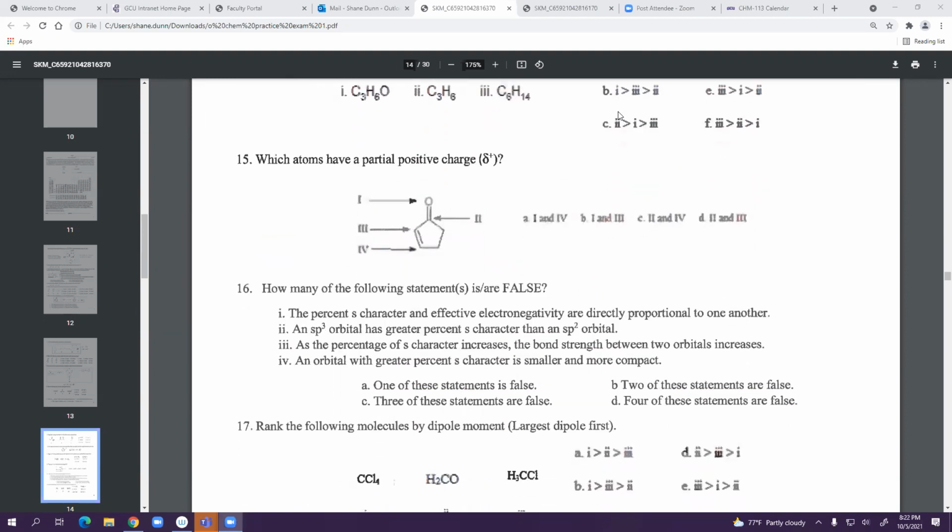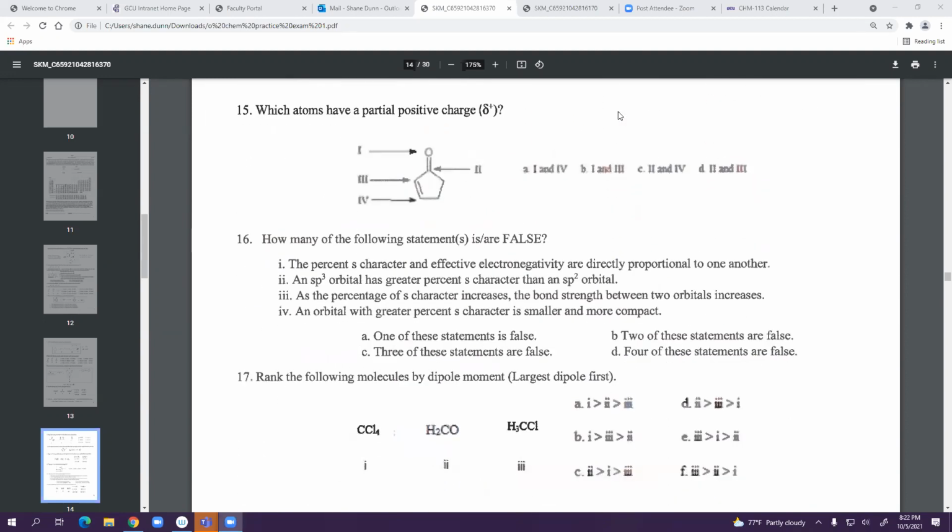Okay. 15, there is a slight positive charge on which 2 atoms? So what's more electronegative, oxygen or carbon? So would oxygen have a positive charge? No, so 1 is out. That means that one's out and that one's out. Half the answers are gone already.